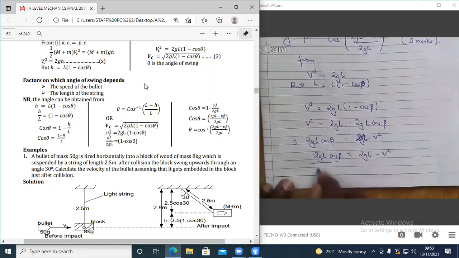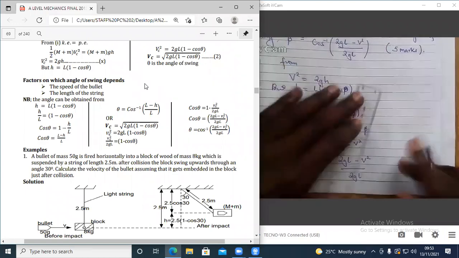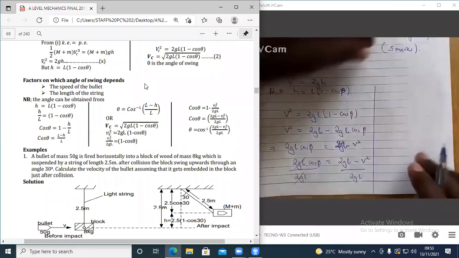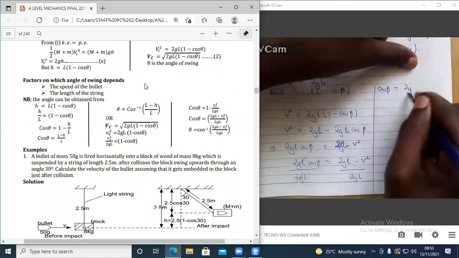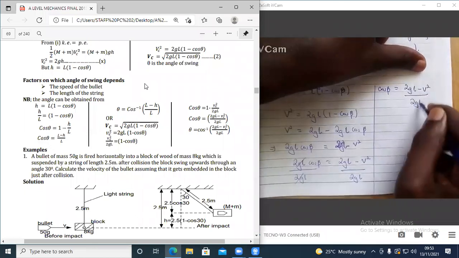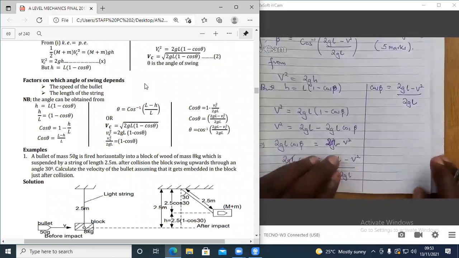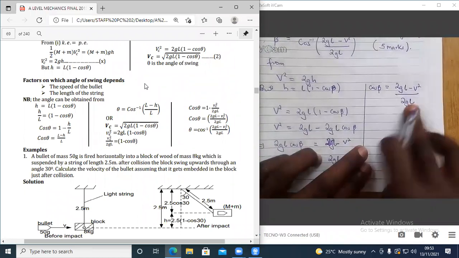So divide all through by 2gL. This and this will cancel. Now you remain with cos beta equals 2gL minus v squared over 2gL. Sometimes they can also confuse you.